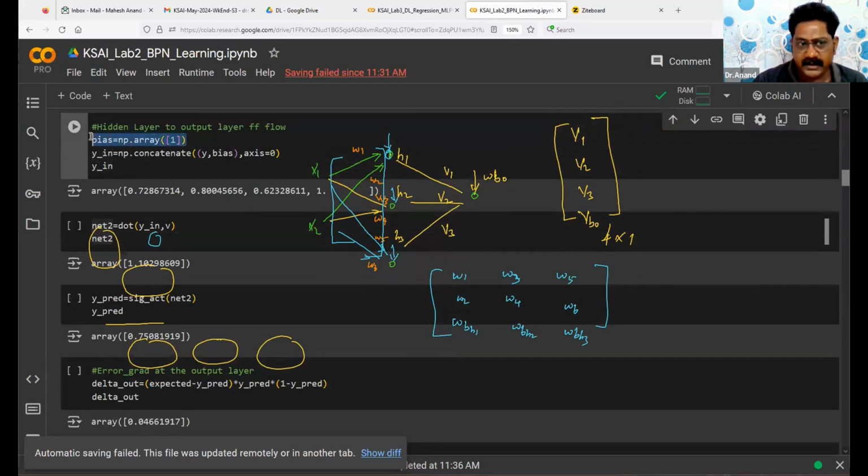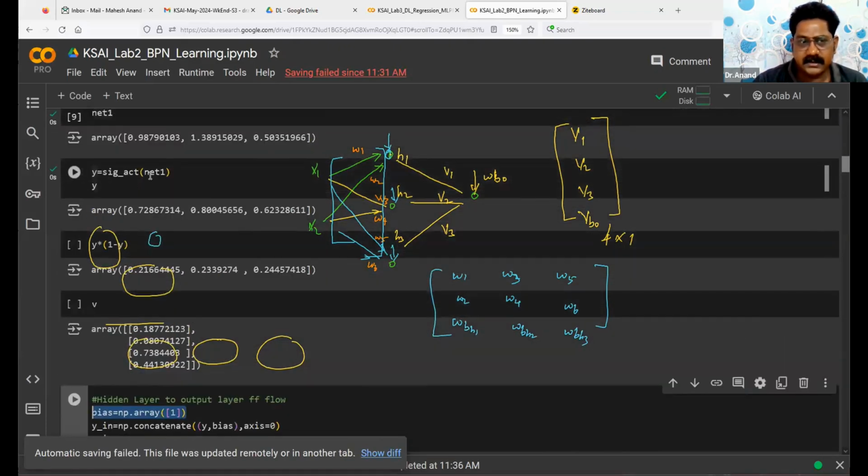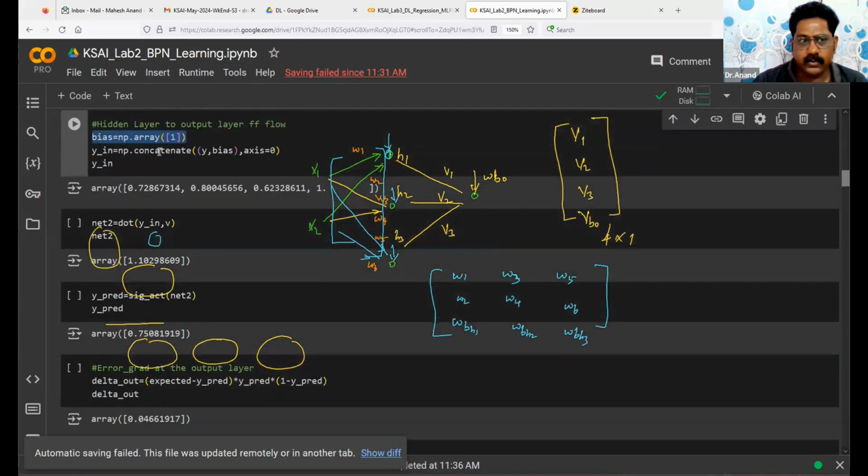I have defined the bias, a scalar. I concatenate to the output. This hidden layer output I named as y. You could see that f of net, we named this as a y. To y, I'm concatenating this bias. After concatenating the bias, I name that variable as y in.